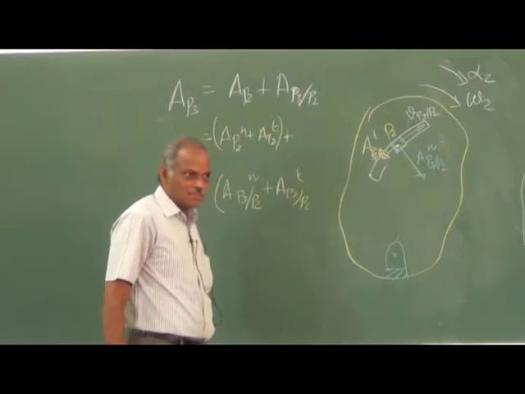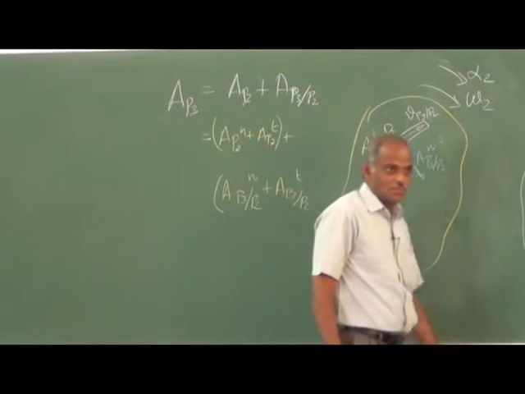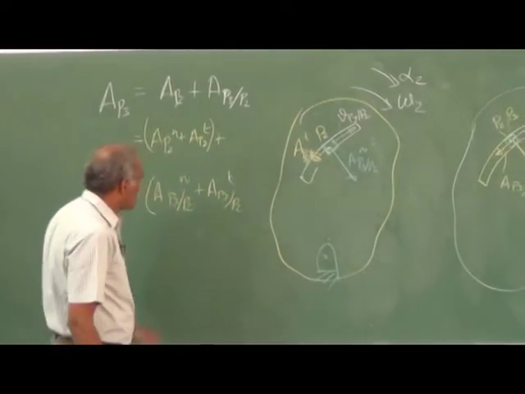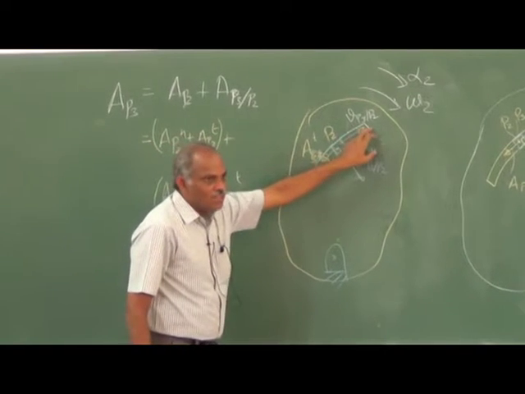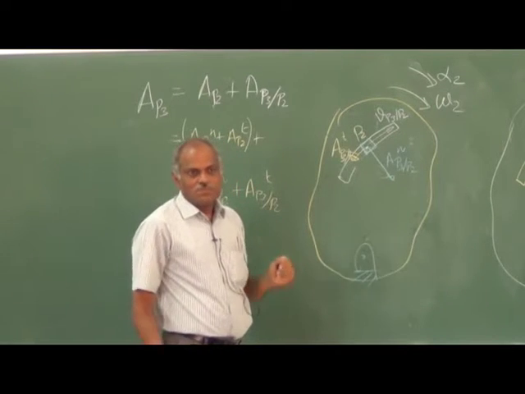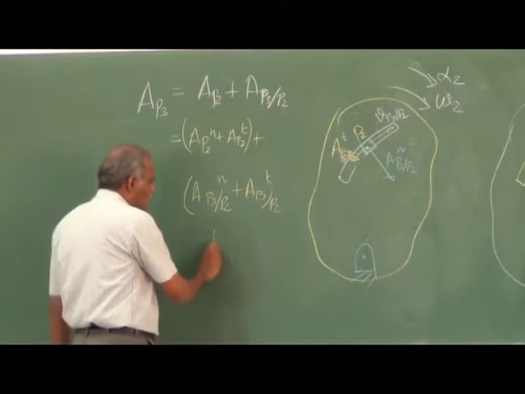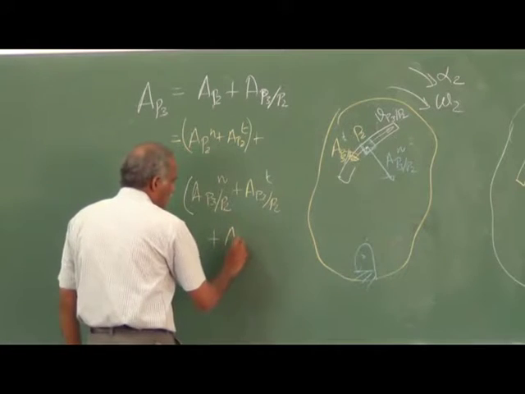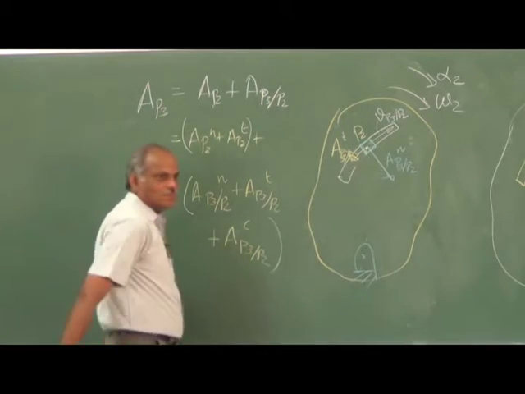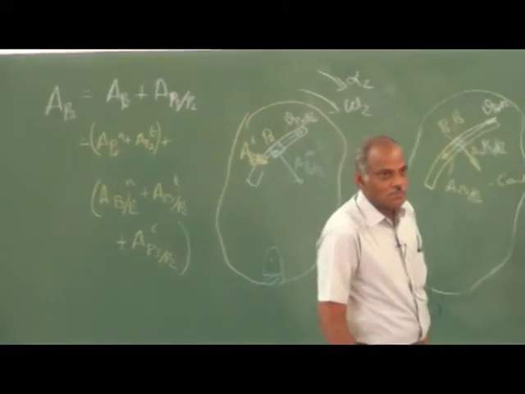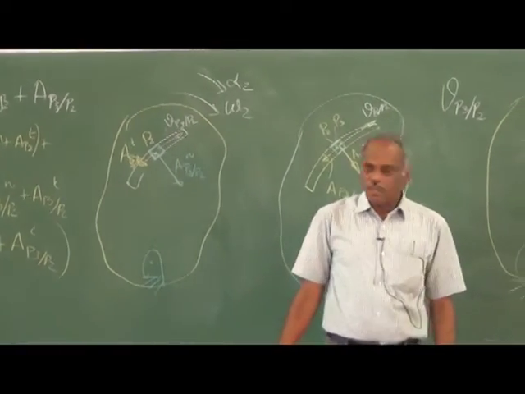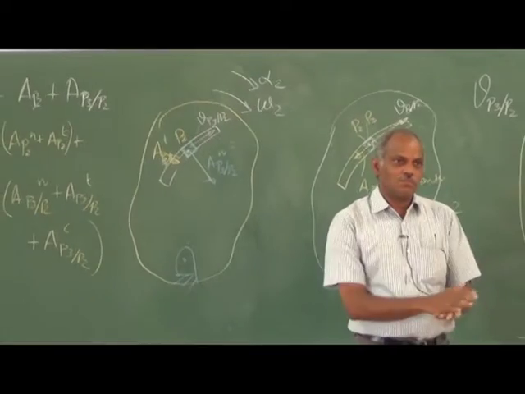It is not complete with these two terms. We have to add one more term, because if something is moving relative to a rotating frame, an acceleration term is added to it, that is acceleration of P3 with respect to P2 Coriolis. If you add this Coriolis component, you will get the full acceleration.